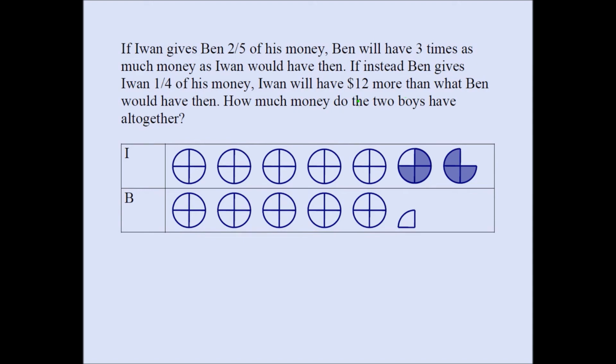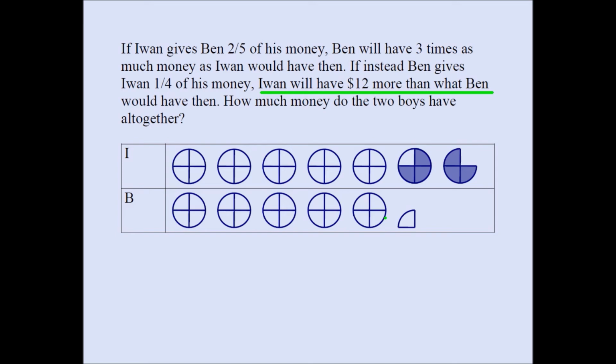Let's see. We're going to use this piece of the puzzle or problem. So according to the question, after Ben gives Ivan a quarter of his money, Ivan ends up having $12 more than what Ben ended up having.